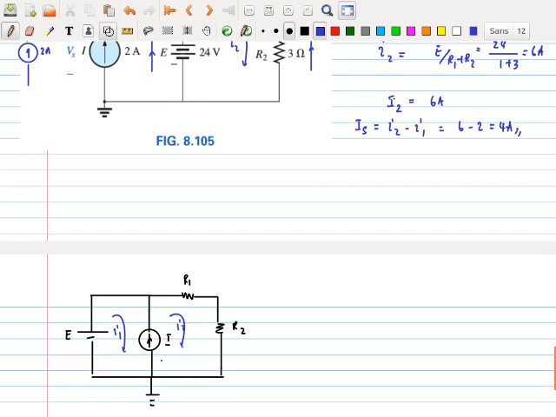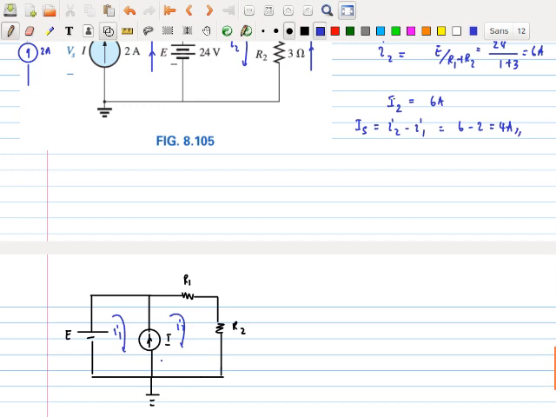Super mesh, what did we do? We dropped that offending source and said super mesh. Is that what we said? Yes, that's what we said. Now, here you clearly understand how a super mesh is formed. Though the circuitry is the same, identical, the super mesh is formed because of why?